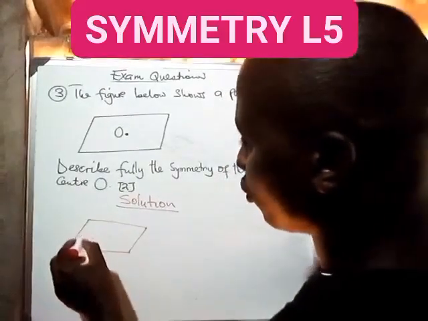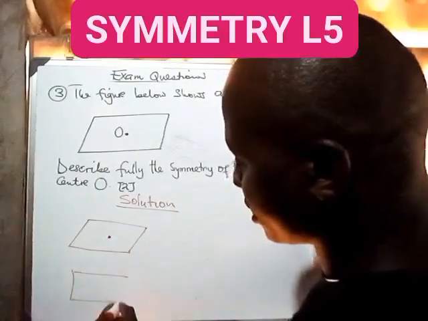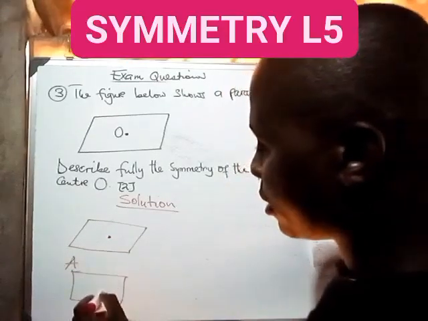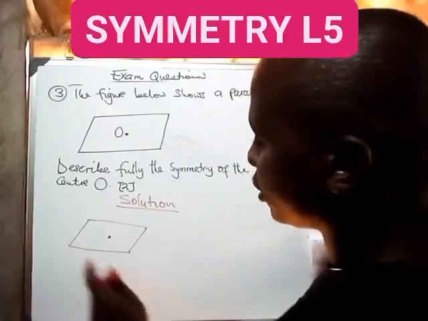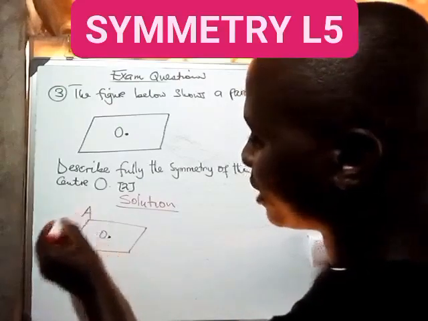In that video, we wrote our A there and then rotated it. So this is the way this one will be treated. Let us assume there is A there.